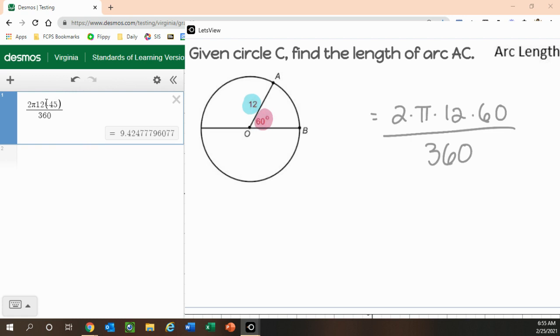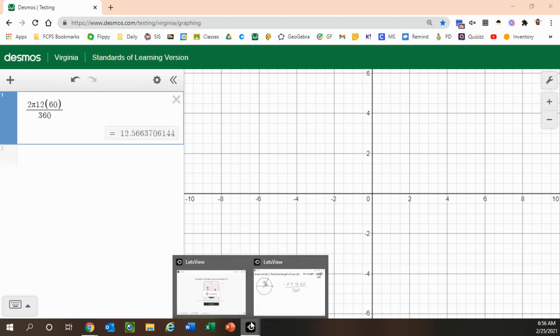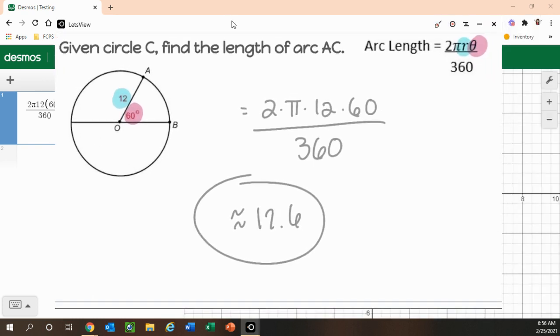We had the same radius in that last problem, so all I'm going to do is replace that 45 with 60. Boom. There is our new approximate arc length, approximately 12.6.